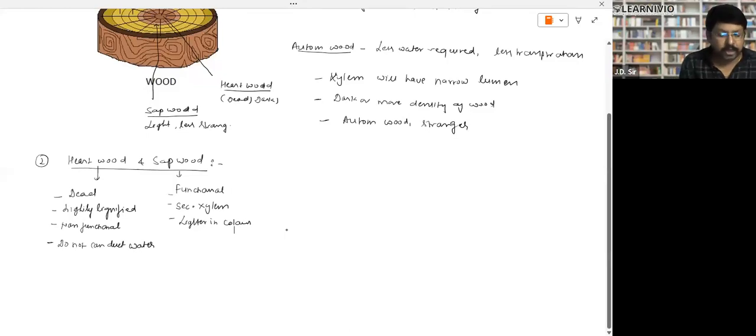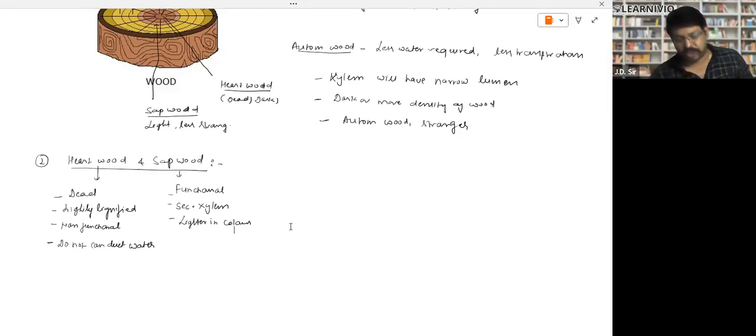Hardwood and sapwood can be a 2-marker question in your school exam. That's it for this chapter. That's it from my side.